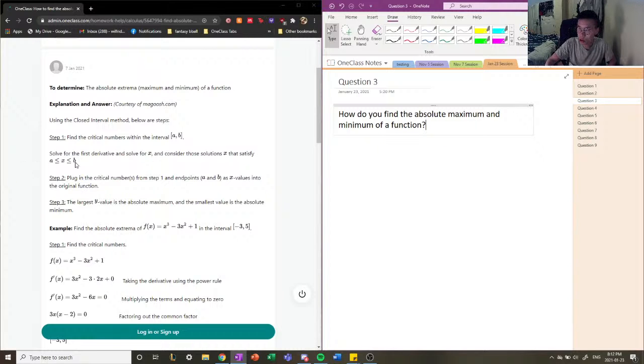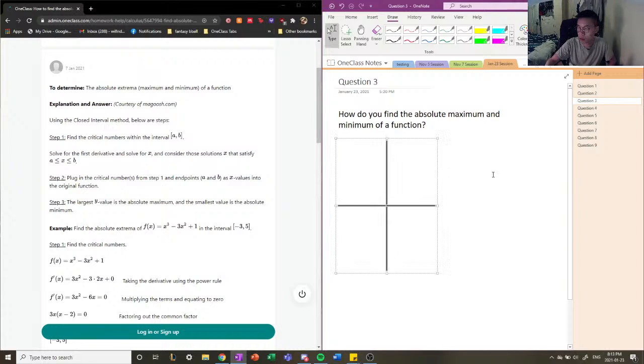Once we find all the critical numbers of interest, then we plug in those critical numbers from step 1 and the endpoints, and we evaluate them in our original function to find the y values of those critical points and the endpoints of our interval. And by doing so, we're able to identify the largest y value and the smallest y value to be our absolute max and absolute min respectively. Okay, so first let me draw out the rationale of why finding the critical numbers is very important.